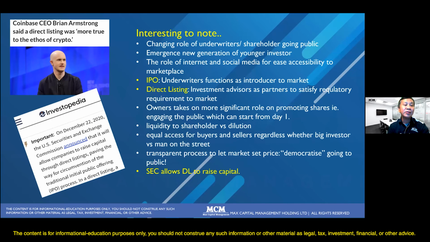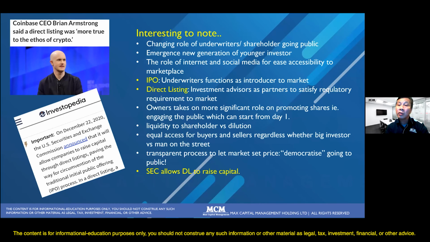In reference to what we discussed today, it's interesting to note that direct listing gives us an understanding that there's a changing role of underwriters and also shareholders going public these days. And today we can also feel the emergence of a new generation of younger investors.